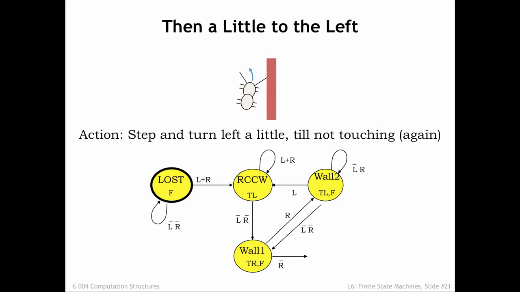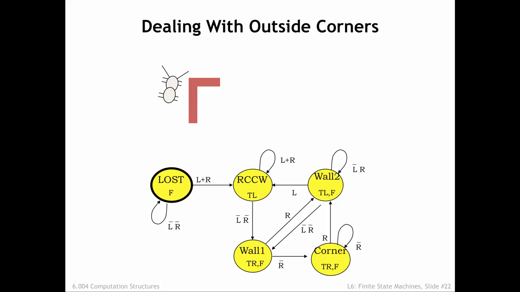Our expectation is that the FSM will alternate between the wall 1 and wall 2 states as the ant moves along the wall. If it reaches an inside corner, it rotates to put the new wall on its right and keeps going. What happens when it reaches an outside corner? When the ant is in the wall 1 state, it moves forward and turns right, then checks its right antenna, expecting to find the wall it's traveling along.